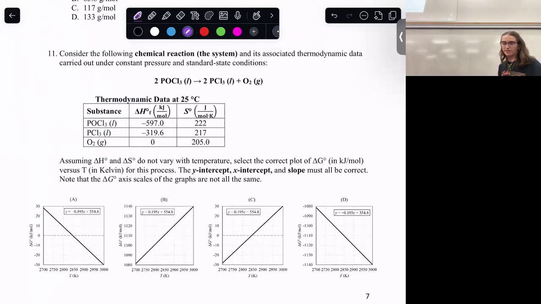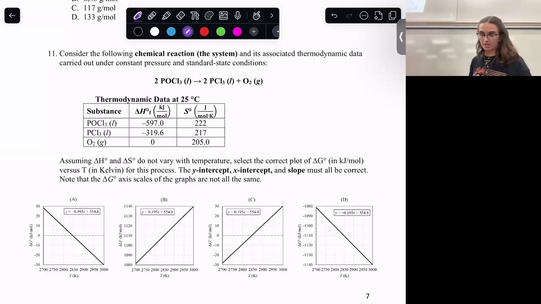Right, so for number 11, we have considered the following chemical reactions of the system and its associated thermodynamic data carried out under constant pressure and standard state conditions. We're given that the substance is POCl3, and that's breaking down into PCl and O2 gas.